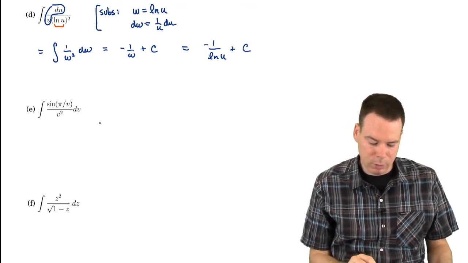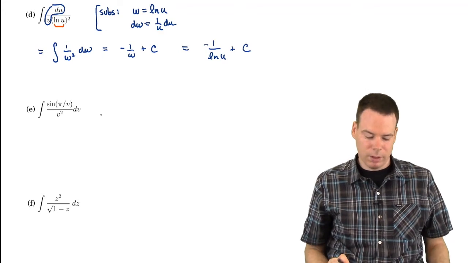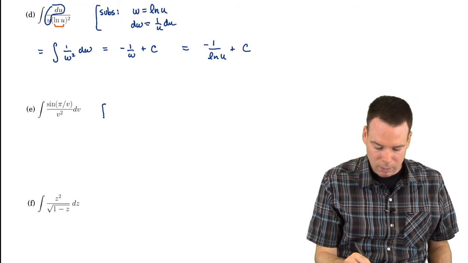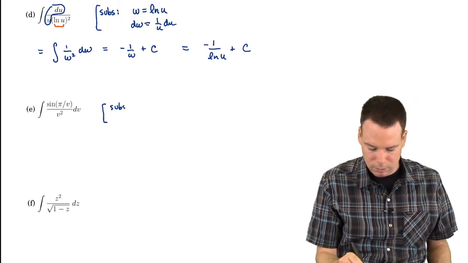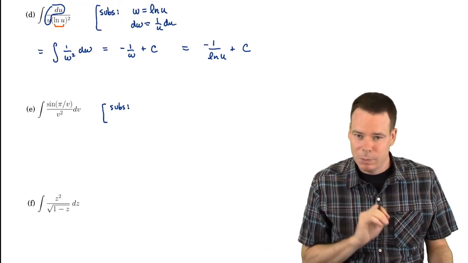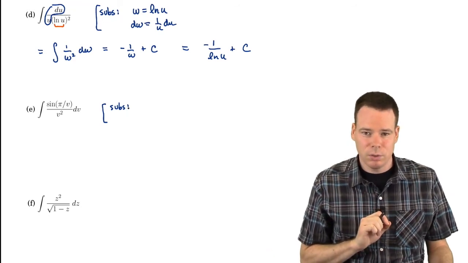Okay, how about this next example? So pause the video, have a look at it yourself. Okay, let's look at what we can substitute for. You want to pick something whose derivative is also in the integrand.